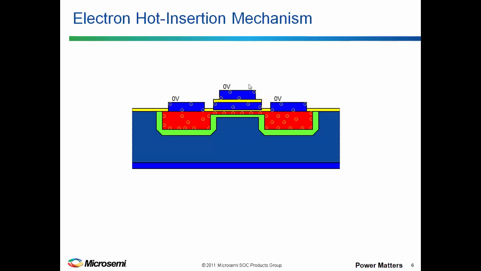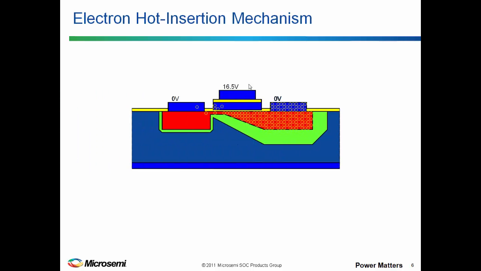So when the device is in a normal operational state, we'll have 0 volts on the source, gate, and drain. But at programming time, we actually put 16.5 volts on the gate, and we do that by generating these voltages internally. So you're not having to supply 16.5 volts.